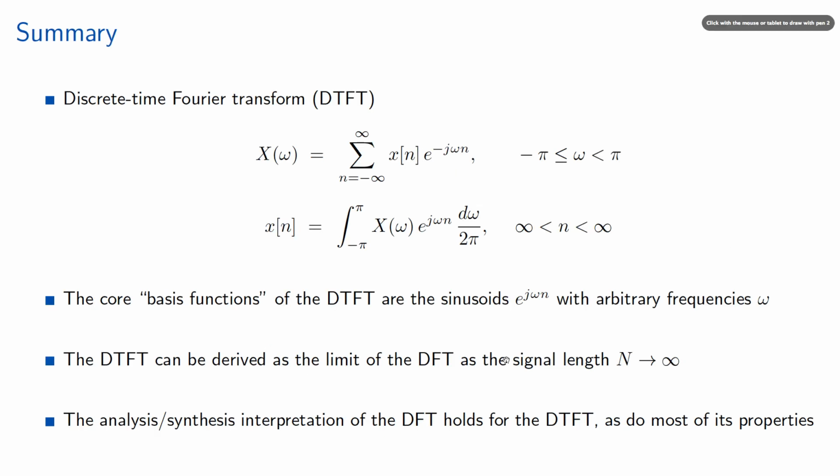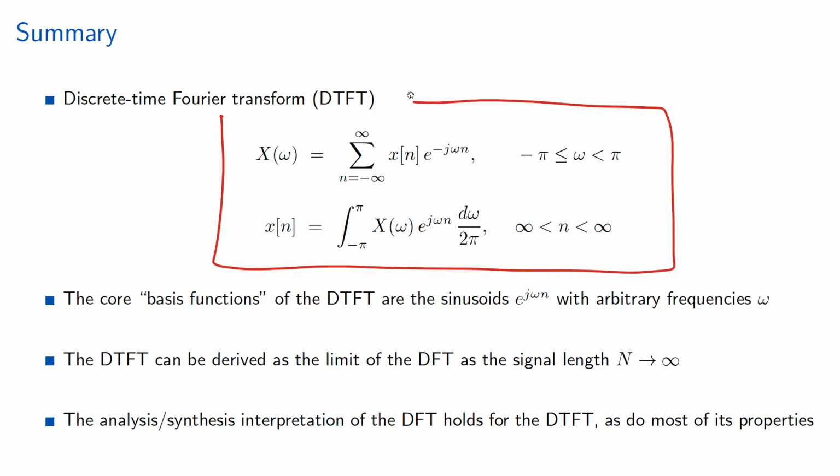So just to summarize, we have these very interesting and intriguing formulas that seem a little bit harder to get our head around than the DFT, but they still make quite a bit of sense. We have a synthesis formula that tells us how to build up a signal x as an infinite sum of sine waves that are weighted by coefficients X of omega.